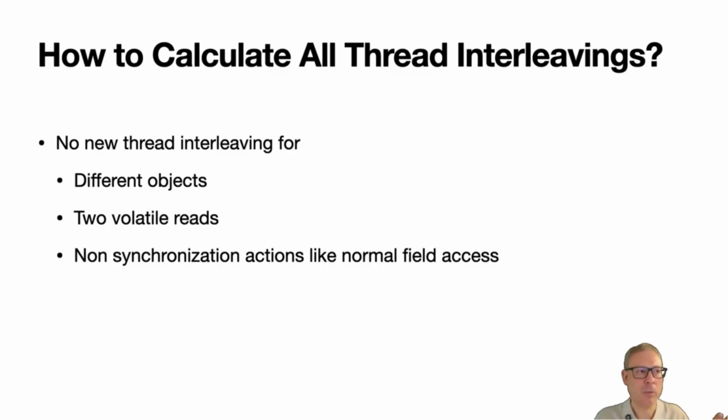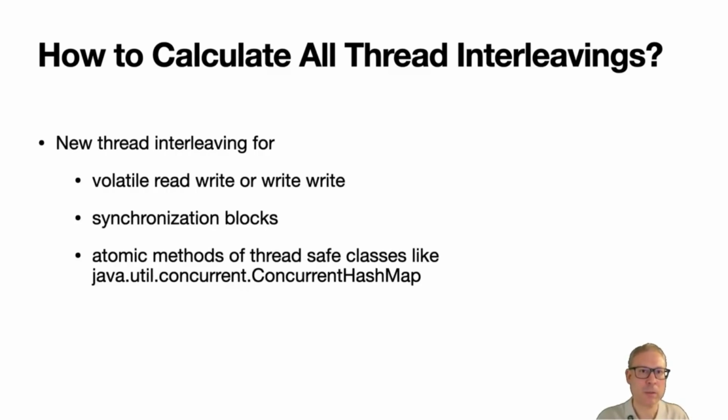So we only need to create a new thread interleaving if the two threads actually can exchange some information. So if the statements between the two threads are somehow dependent. So we need to calculate new thread interleavings, for example, for a volatile read and write, or two writes to the same variable. We need to create an interleaving for synchronization blocks.